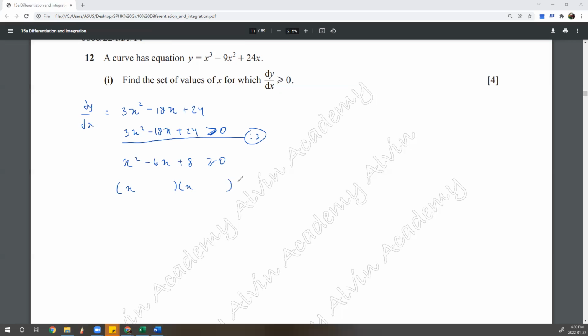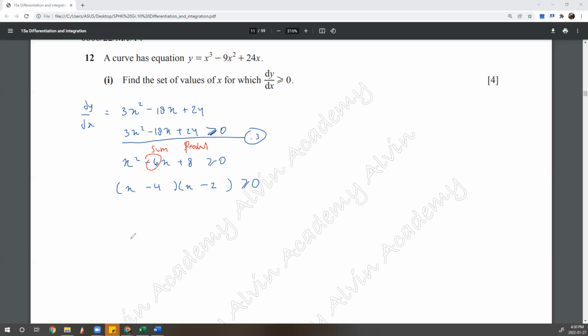I get the numbers easily, minus 4 and minus 2, because we factorize by using the sum and product rule. What number multiplied by what number equals 8, and if summed up, gives negative 6? So it is clearly seen, negative 4 and negative 2.